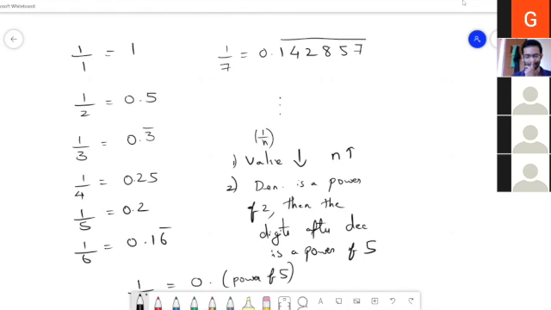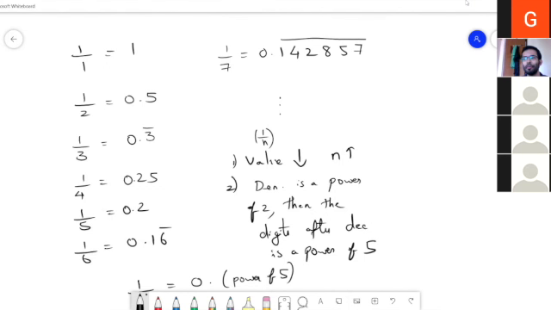So 2 to the power 1 is the same as 5 to the power 1. 1 by 4 is 0.25, that is 5 squared by 100. 5 cubed by 1000, like that.